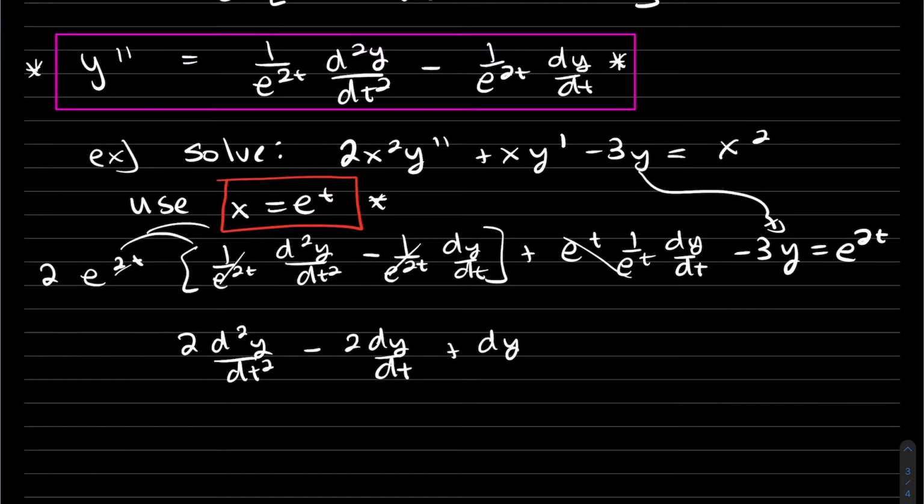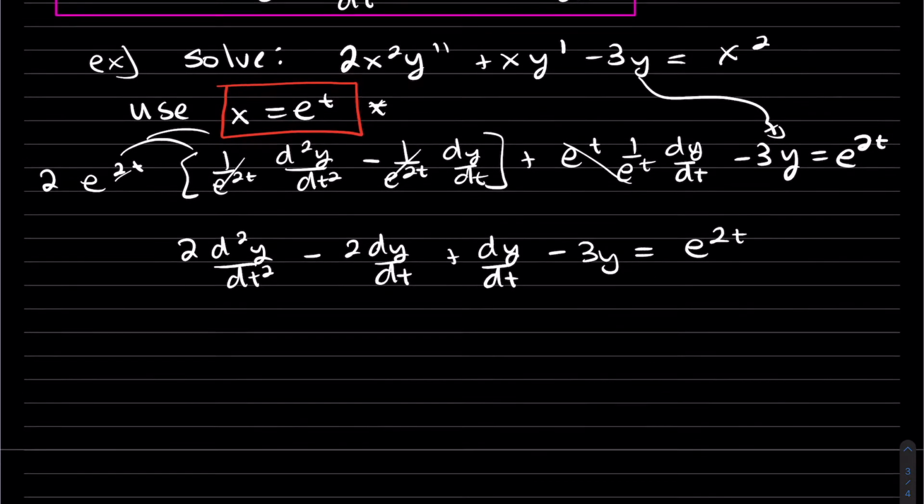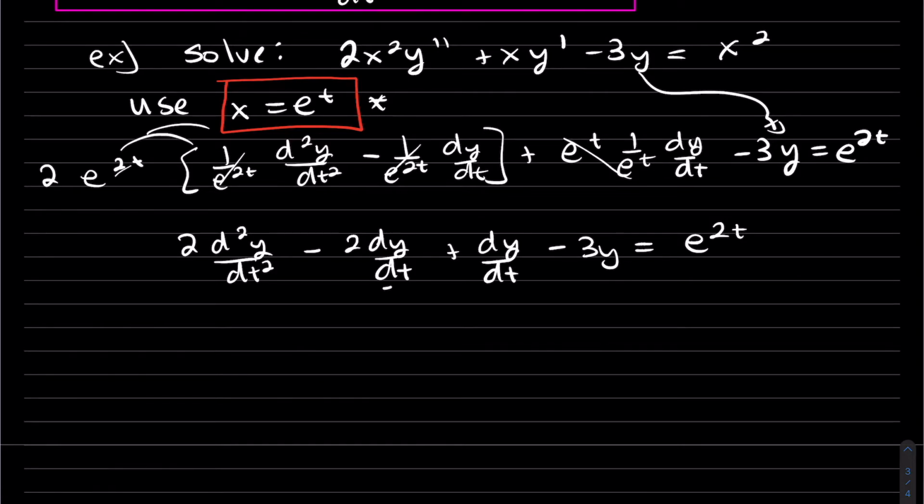See what's happening? One step. And if you want, you can go to y double prime minus, you can combine those, which is just minus 1 y prime. But you do have to remember it's in terms of t, it's dt.